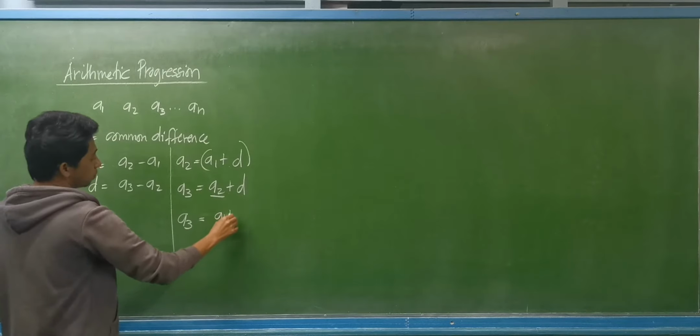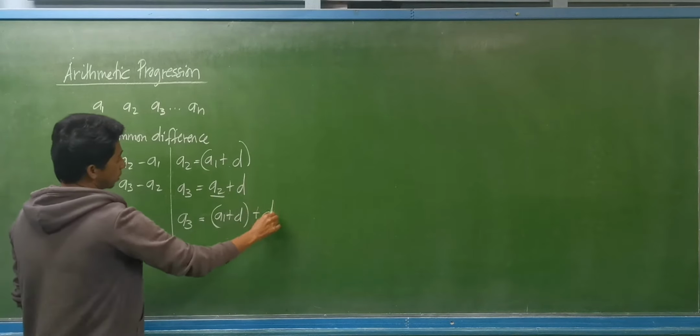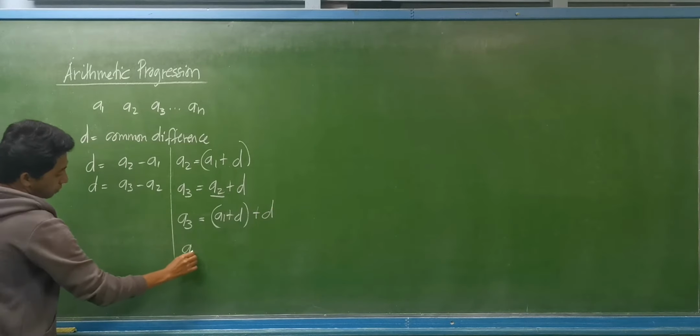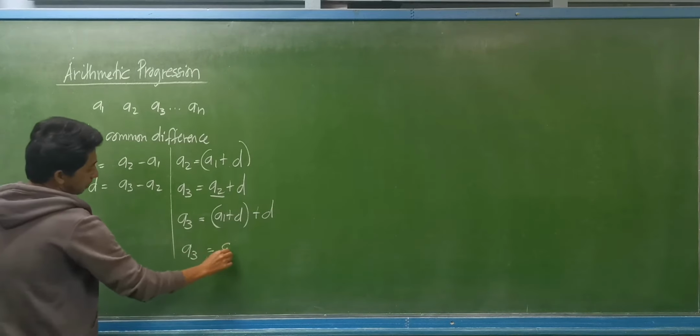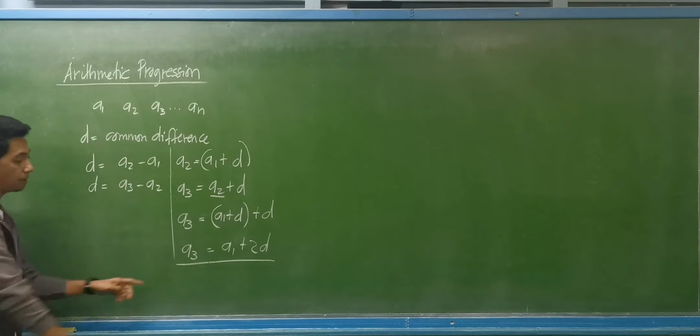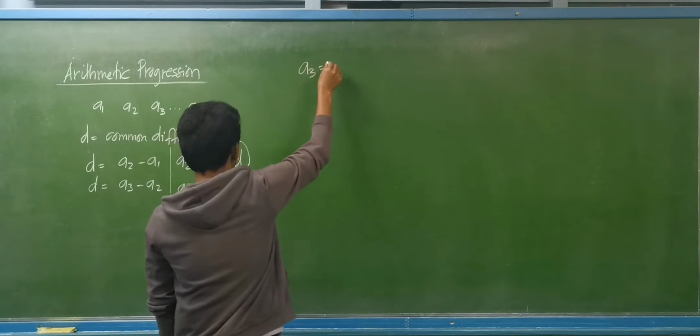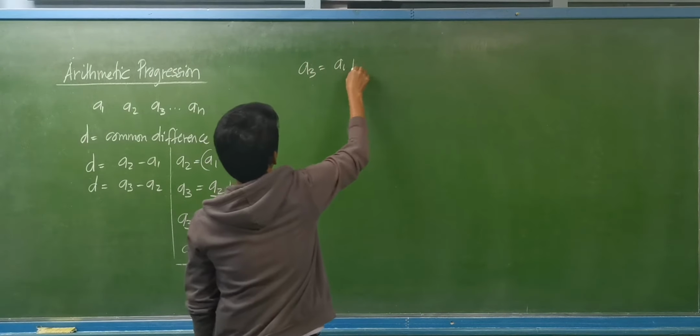That is a sub 1 plus the common difference. So the third term is the first term plus twice the common difference. From this idea, a sub 3 is equal to the first term plus twice the common difference.